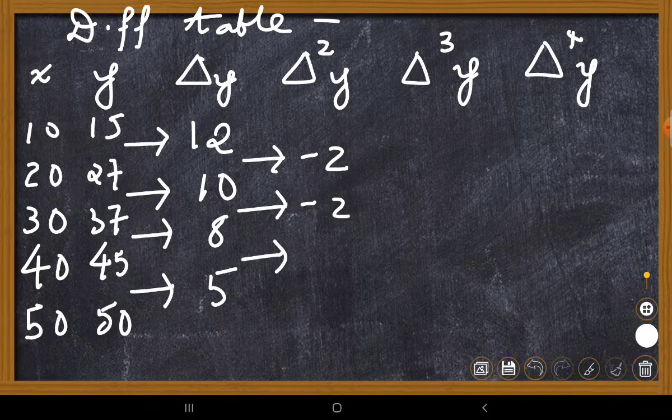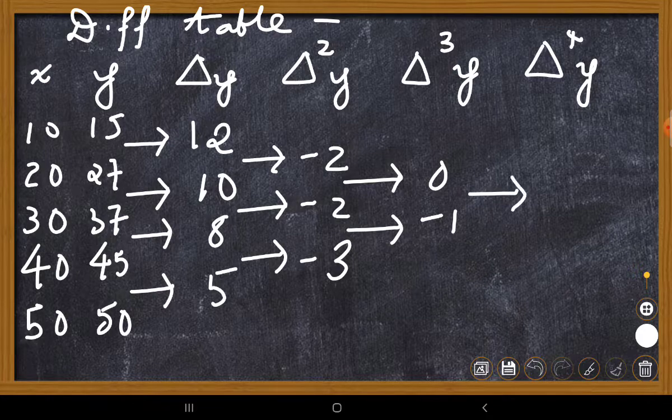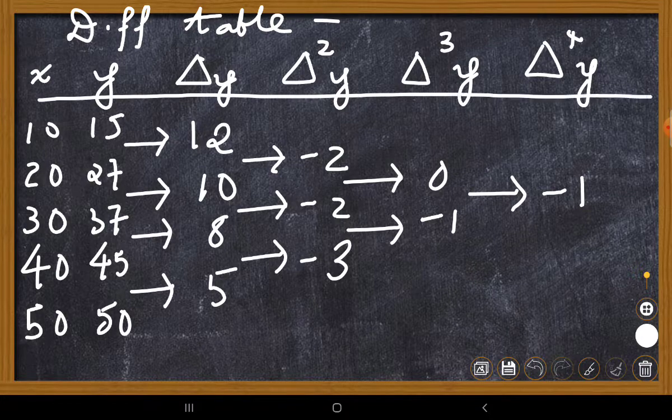And 5 minus 8 will be minus 3. Then minus 2 plus 2 will be 0. Minus 3 plus 2 will be minus 1. And then finally, minus 1 minus 0 will be minus 1. So this is our difference table.